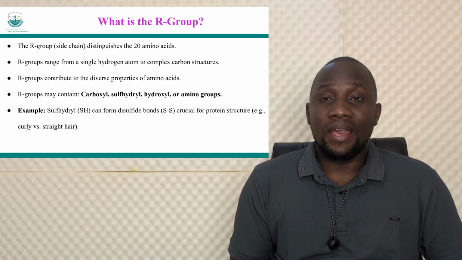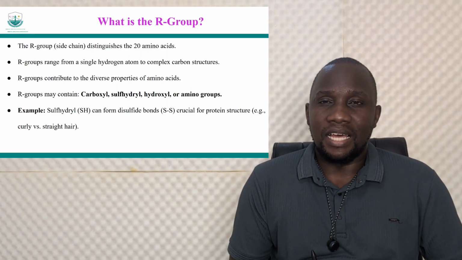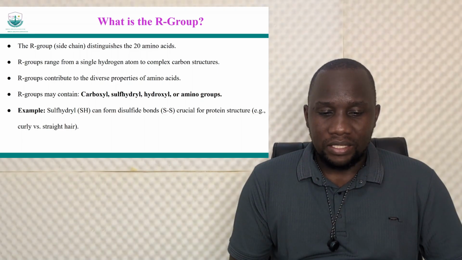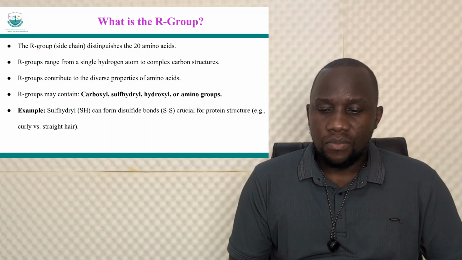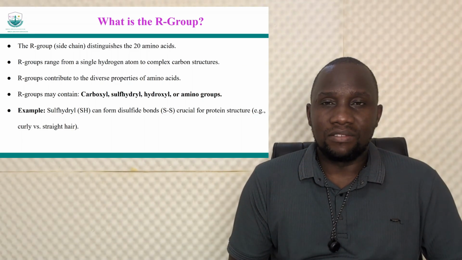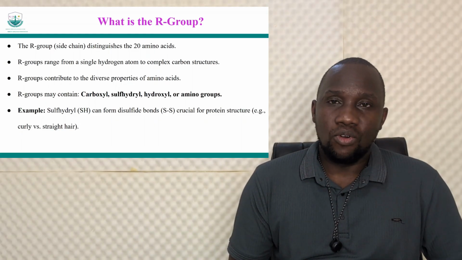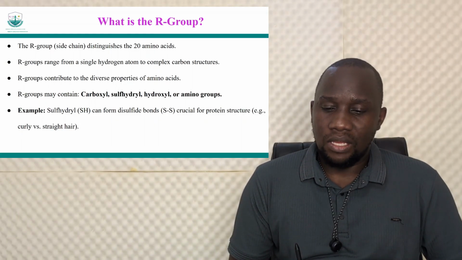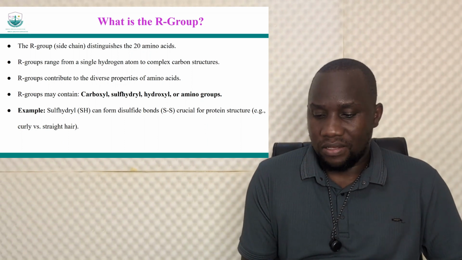So we can expect different chemical species replacing that R group, and they therefore make different amino acids. Now, we are saying that the R group can be hydrogen, just the hydrogen atom. It can be carboxyl. It can be hydroxyl. It can be amino groups. It can be a number of things.